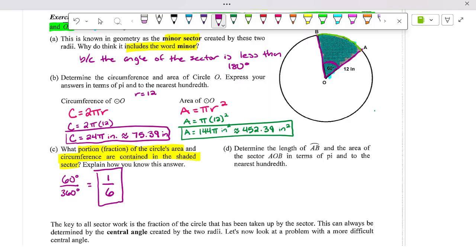So given that little tidbit of information, how do you think I'm going to find the sector area and the arc length? So think about it. We got the whole, and we got how much of the whole we want. So what do you think I'm going to do?